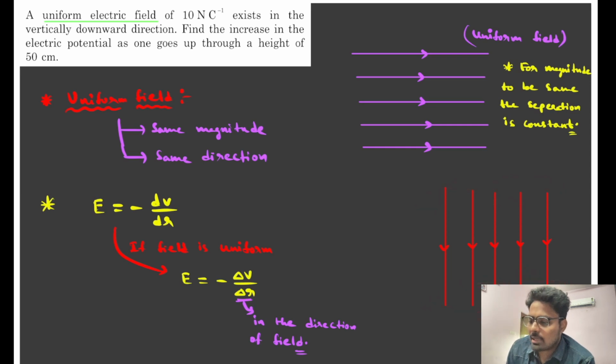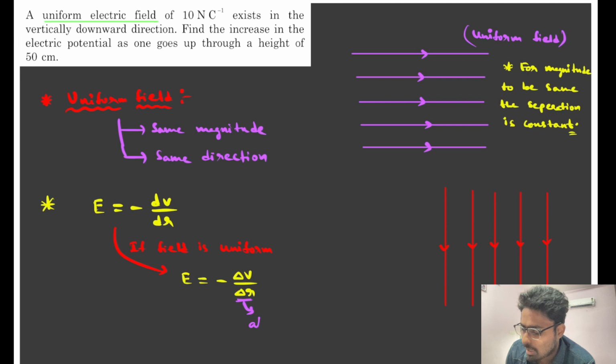Fine. Now they are asking when we go up by a distance of what? Go up. That means in the direction, basically you can take it as along. So instead of telling in the direction of field, I should be telling along the direction of field. Why? Because sometimes you can travel in the opposite direction of the field also, right? So that's why I'm changing here.